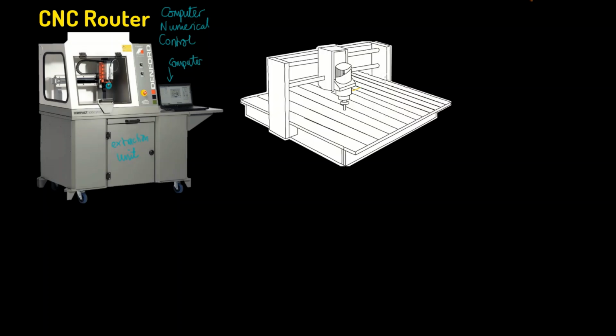We've also got an extraction unit here, which will suck away all the dust. And we also obviously need a computer to help us with the programming and also with the control of the machine. Now, to help you view this easier, I've got a little diagram here showing what's inside this machine.